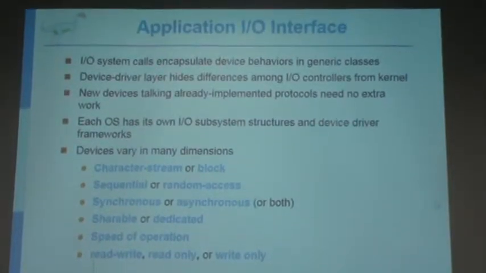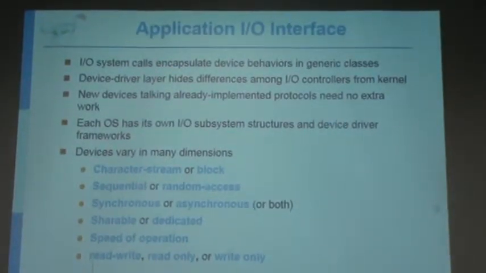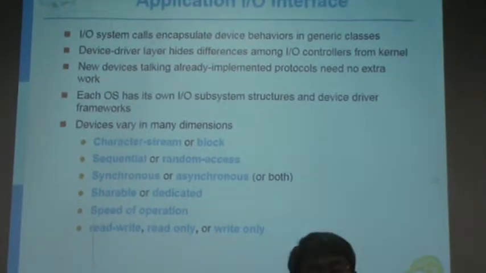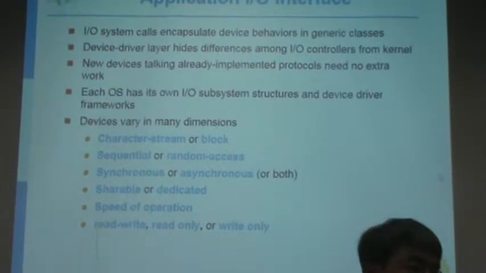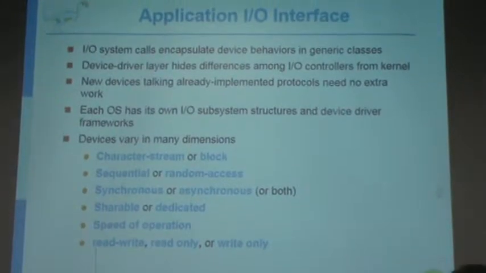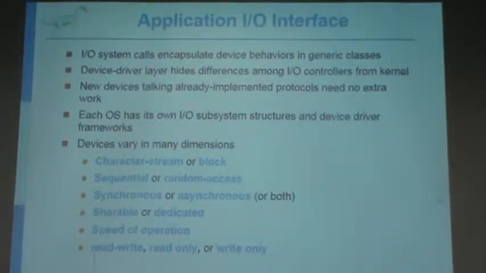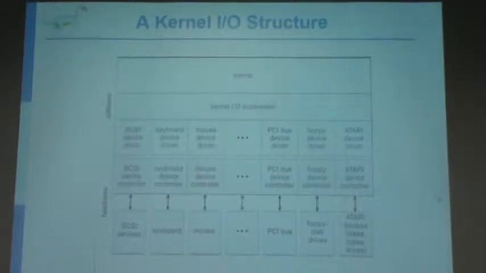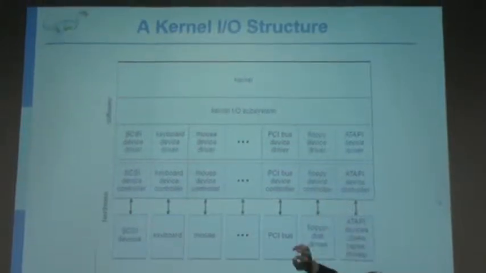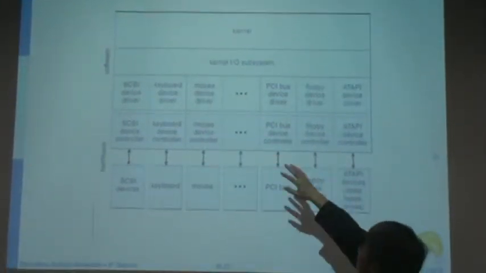Also, not only the operating system or the CPU, at the application level you can access the data definitely, but at that time, the application level I/O interface is abstracted. It's an abstraction level. Like this one, you have the kernel. That kernel is a part of the operating system, which is called the kernel I/O.